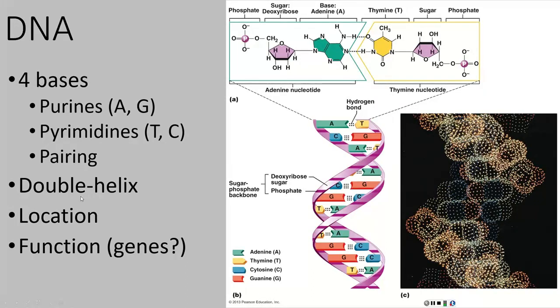So where do we find DNA? DNA is found inside the nucleus of our cells. And what does it do? Well, it contains our genes. But that's not a good enough definition because we haven't really talked about what genes are yet. So what does DNA do?